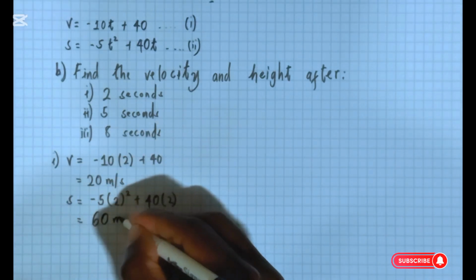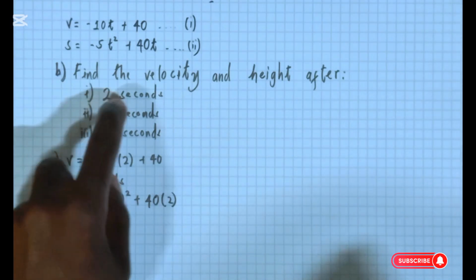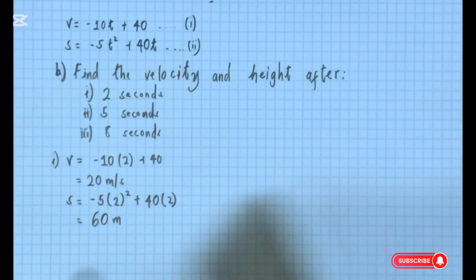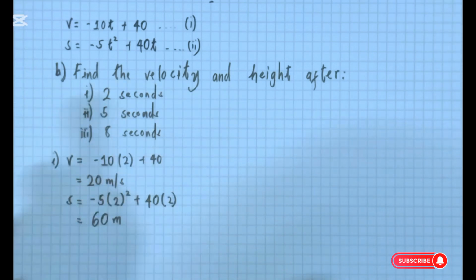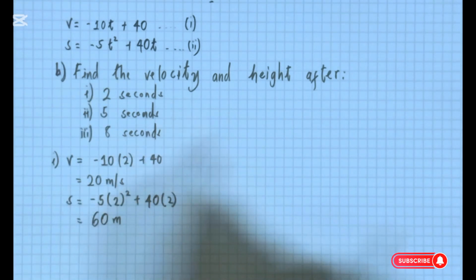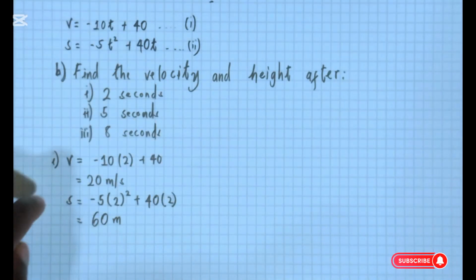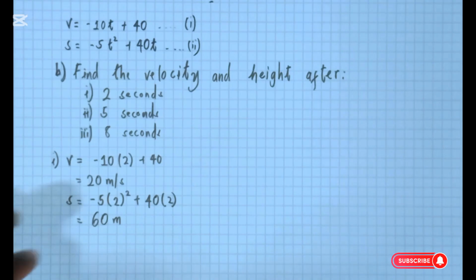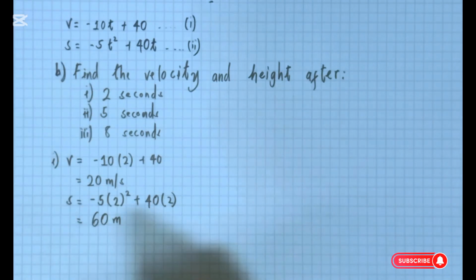So the height that the ball will have covered after 2 seconds of being projected upwards will be 60 meters, and it will have covered that at a velocity of 20 meters per second.